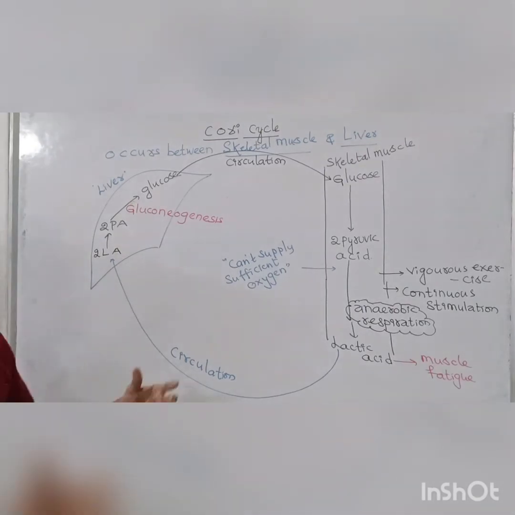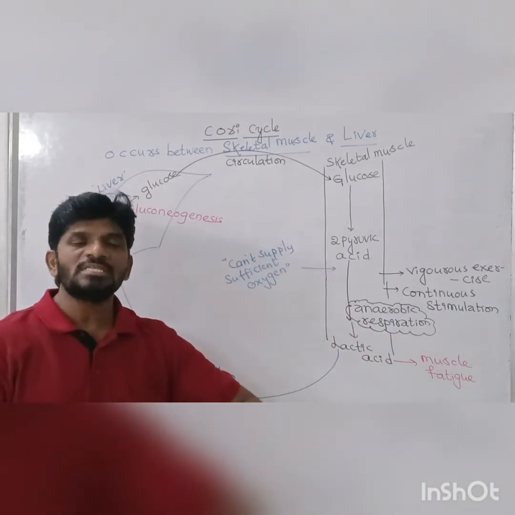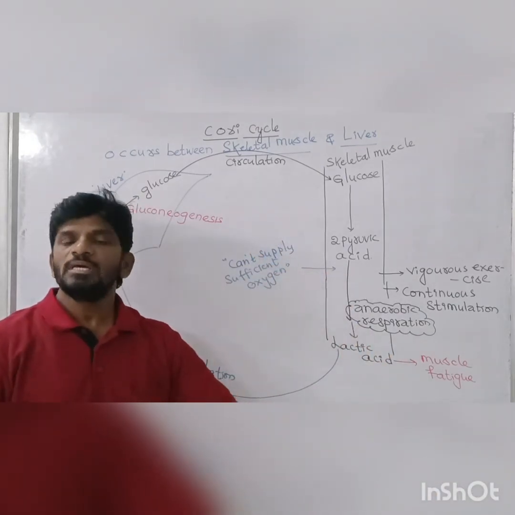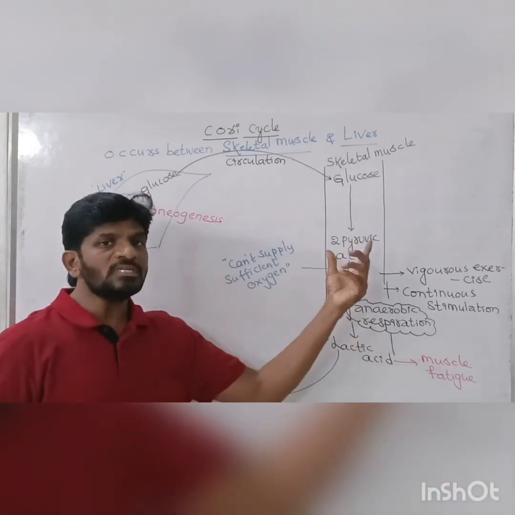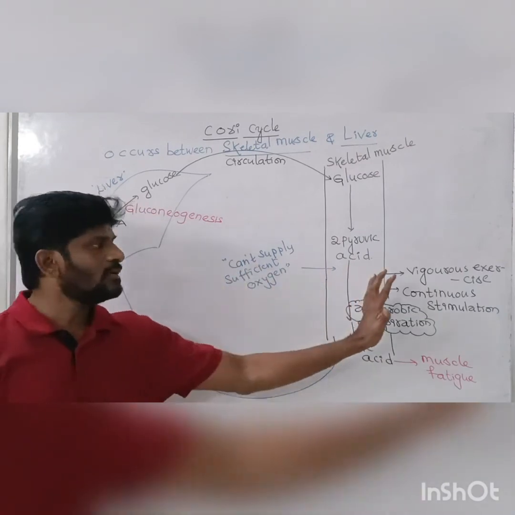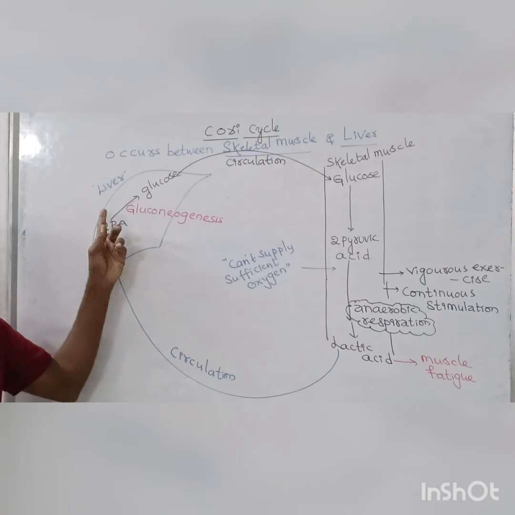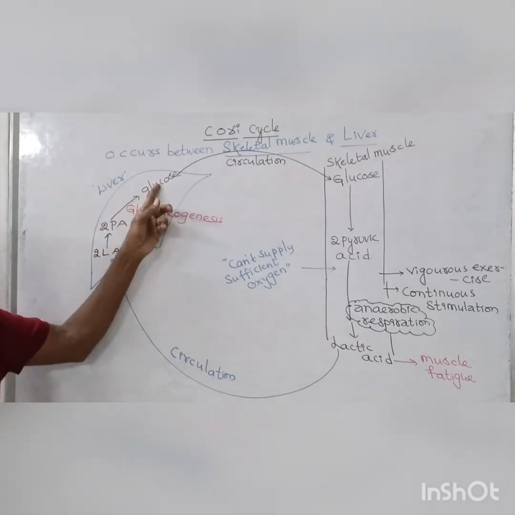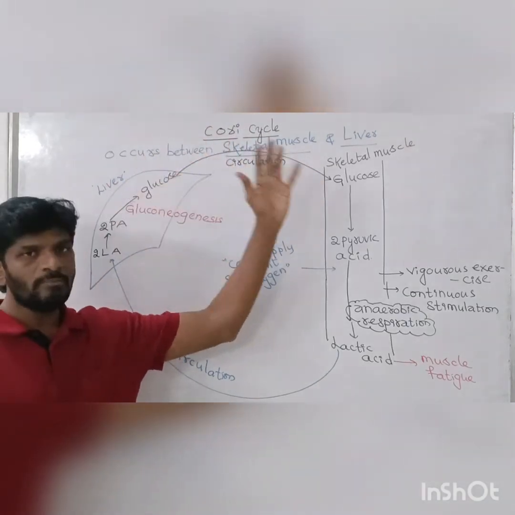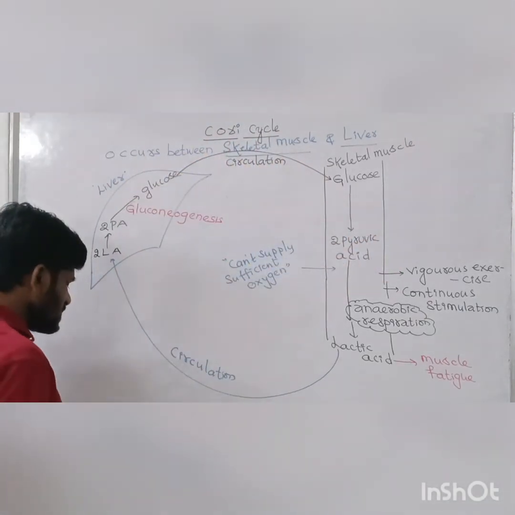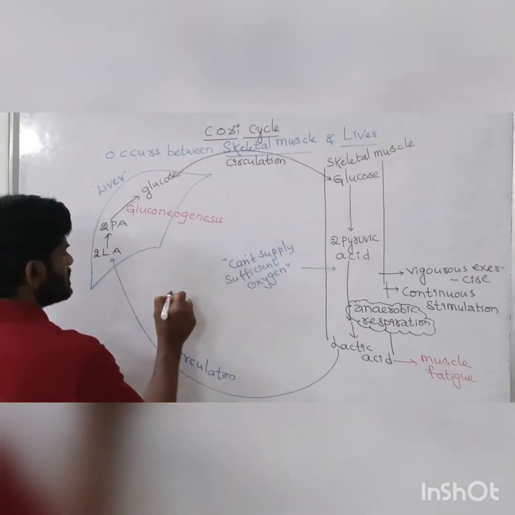So even though there is muscle fatigue in the skeletal muscle, it can be re-established and rejuvenated because the lactic acid goes from the skeletal muscle to the liver. In the liver, lactic acid converts into pyruvate, pyruvate into glucose, and this reaction is gluconeogenesis. Via circulation, the glucose is supplied to the skeletal muscle, and this cycle between the skeletal muscle and the liver is called the Cori cycle.